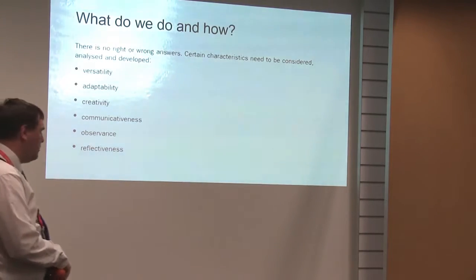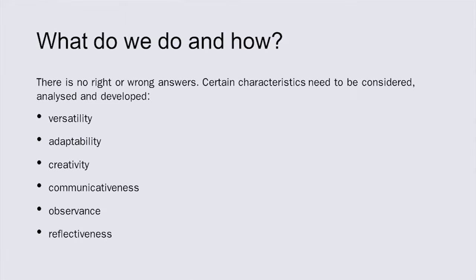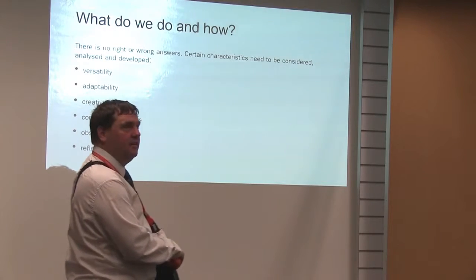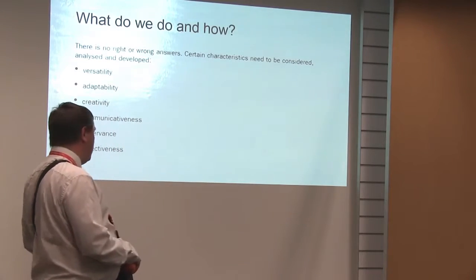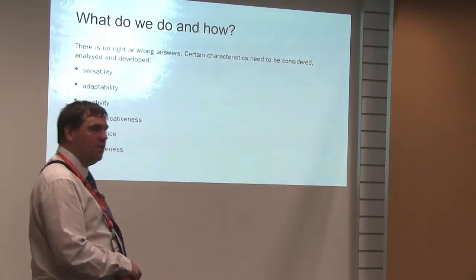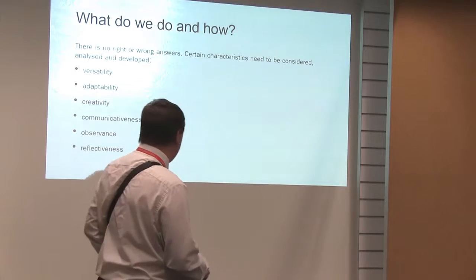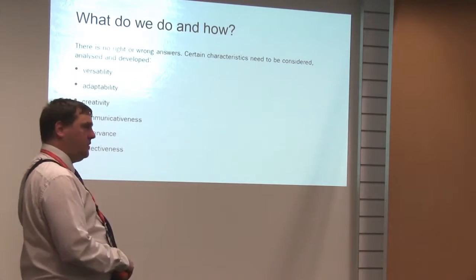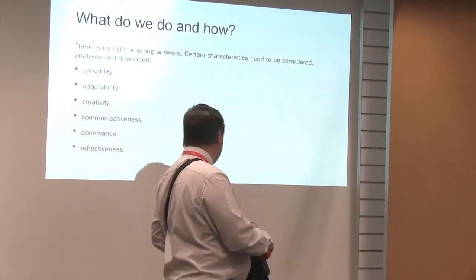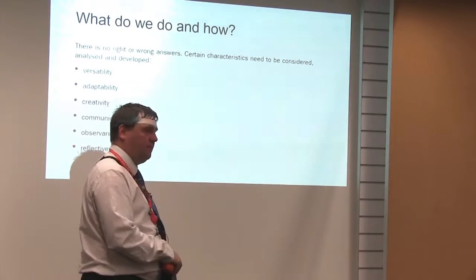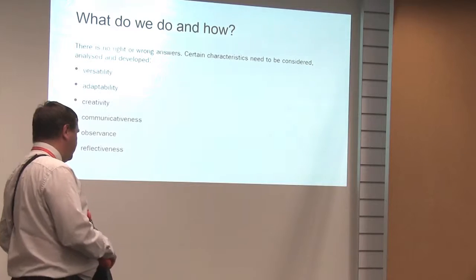Okay, so what do we do? We take small steps in small ways. There's no wrong answer, there's no right answer. All right? And I think some of these characteristics that I've put up, we need to really think about these for ourselves. All right? It is about adaptation. We need to think about ourselves. Most of the people I'm talking to, they're like, oh, we're stuck in our ways, can't do all that. We don't communicate.